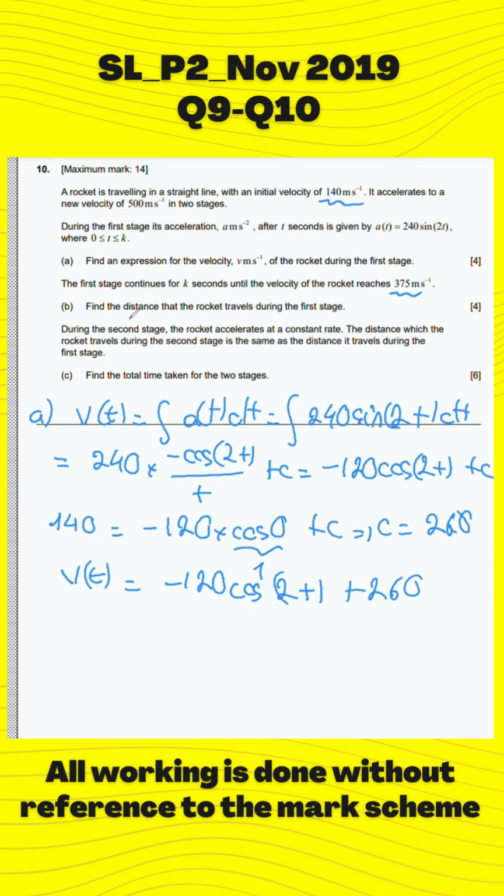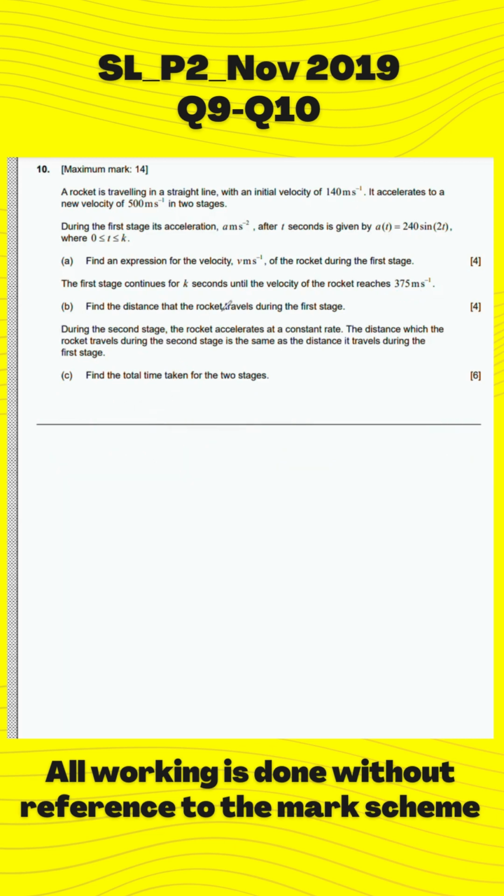Before we can find the distance, we must find how many seconds it takes to reach this velocity. So we set this equal to 375. Move this to the left side and then put this function into the GDC to find the x-intercept. So t will be nearly 1.43 seconds. Now we have enough information to find the total distance traveled.